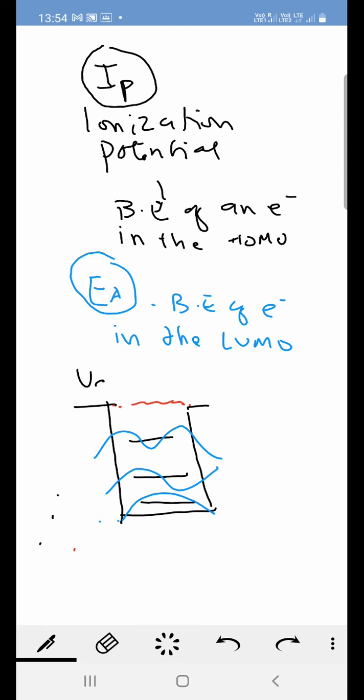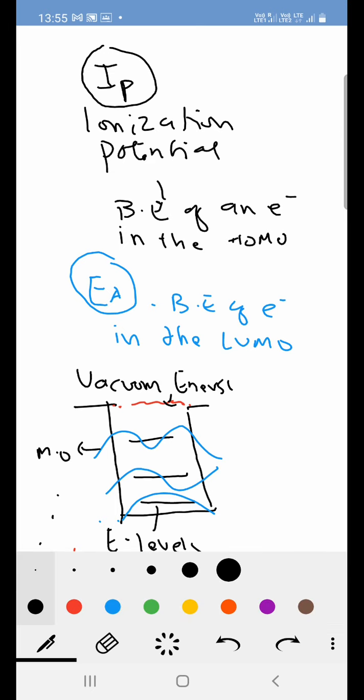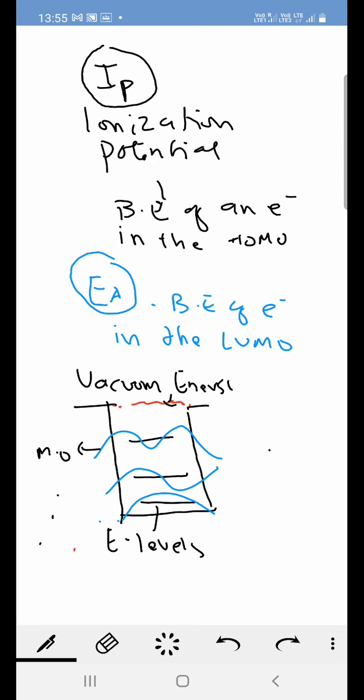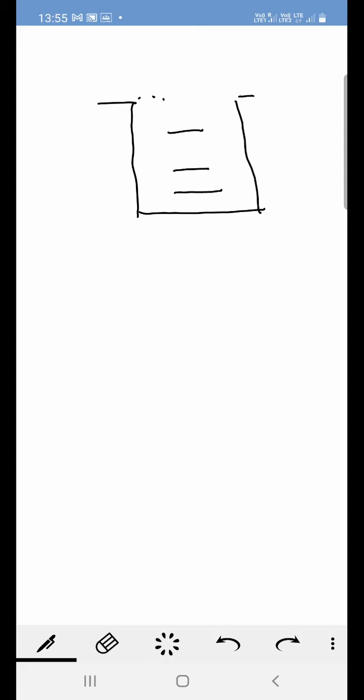Say these are the energy levels in the vacuum energy, and we have electrons with opposite spin in the levels.